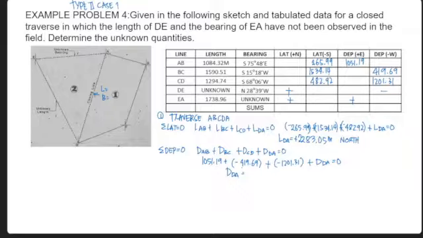Okay. So, ang hinahanap natin is yung length ni EA and bearing ni ED and bearing ni EA.